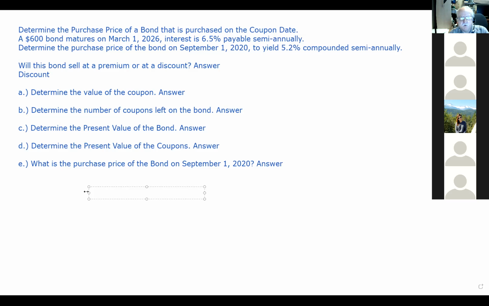When they borrowed this money, they could borrow money at 6.5%, right? So that was the interest rate that was available in the market when this bond was written. But since then, the interest rate has gone down.